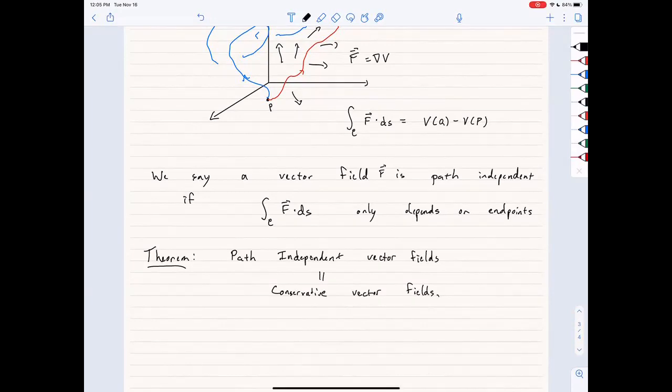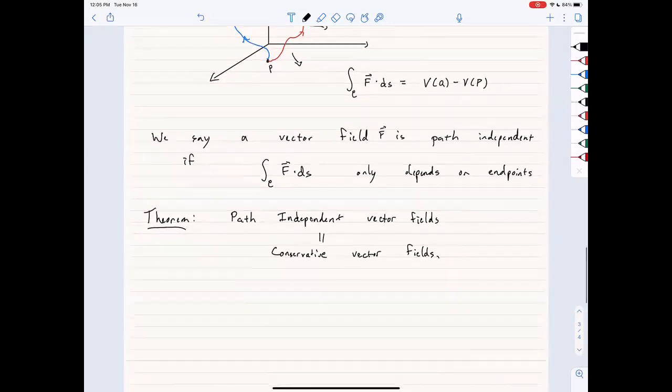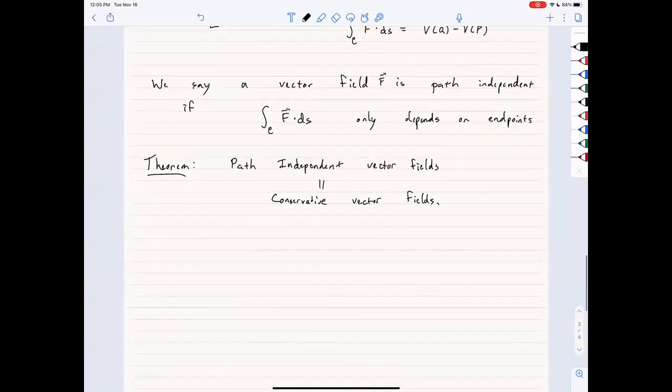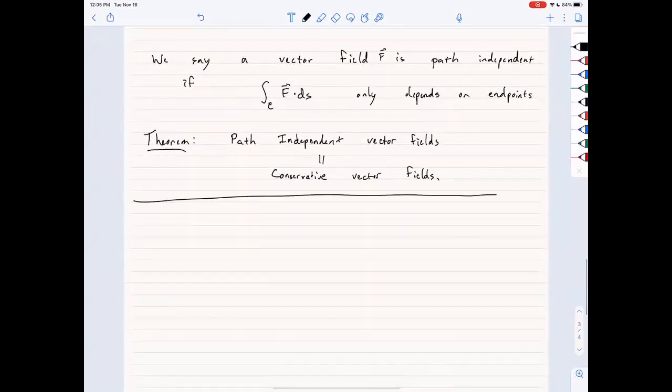Okay. This also tells us another thing about conservative vector fields, which is what happens when we take an integral of a conservative vector field over a closed curve. So let's say C is a closed curve.